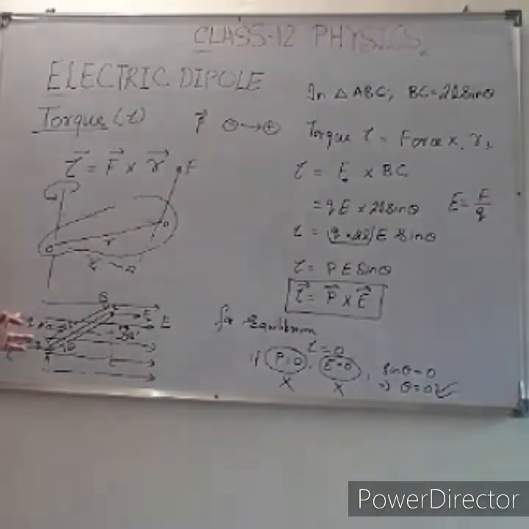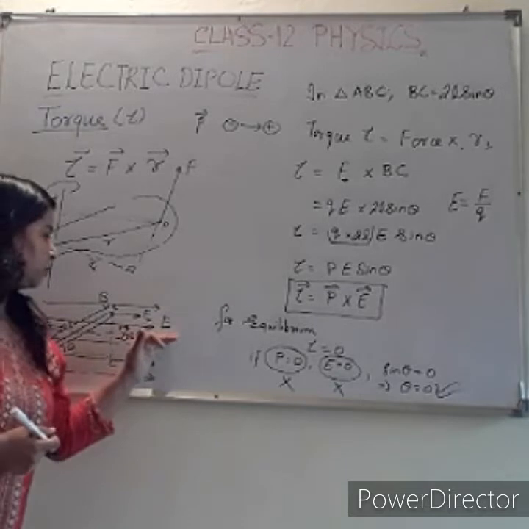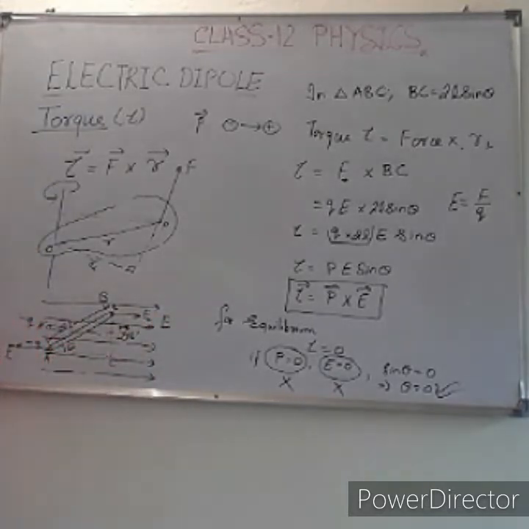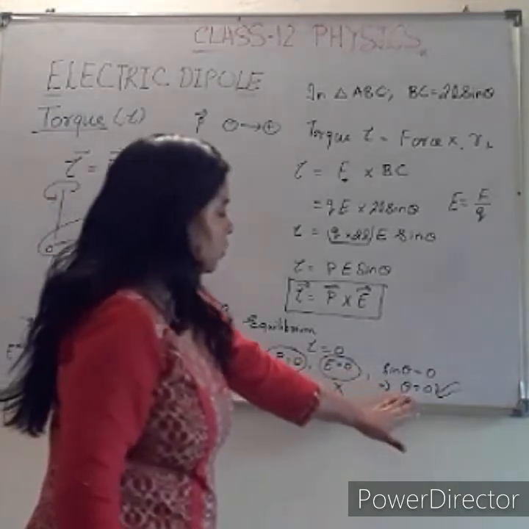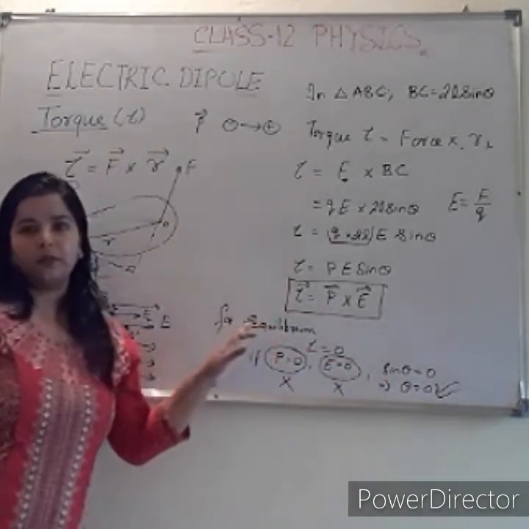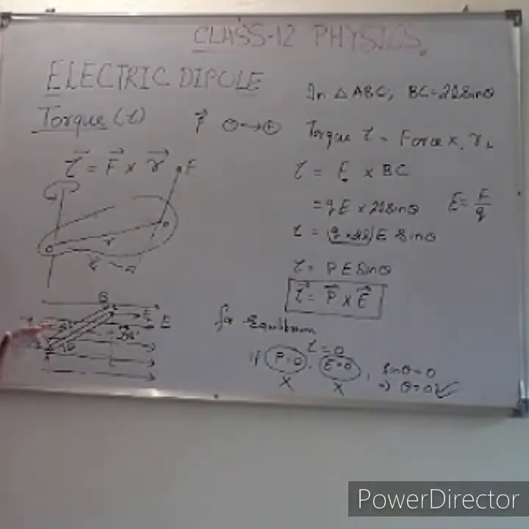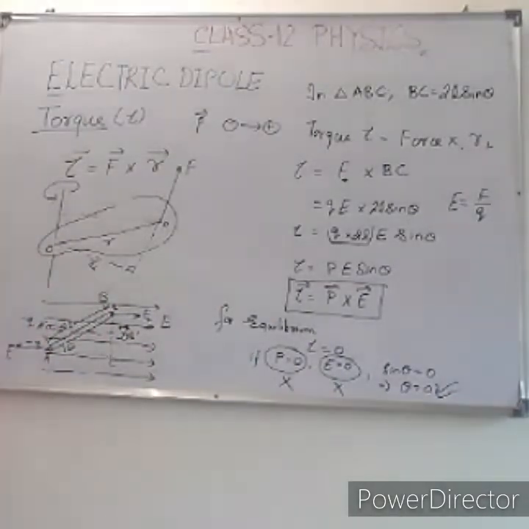So always remember that if the minus Q charge is here, only then the angle between the electric field and the dipole moment is equal to 0. This is the only required condition for rotational equilibrium. So this is the overall topic of torque under the electric dipole.